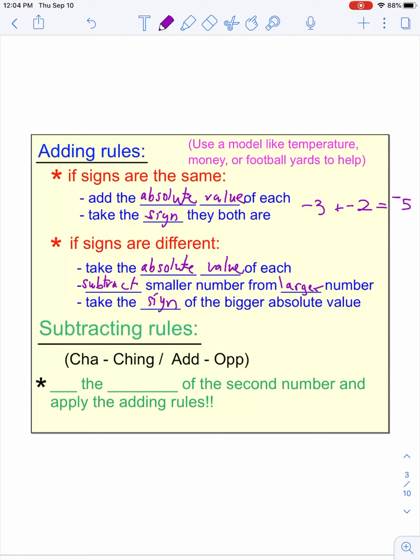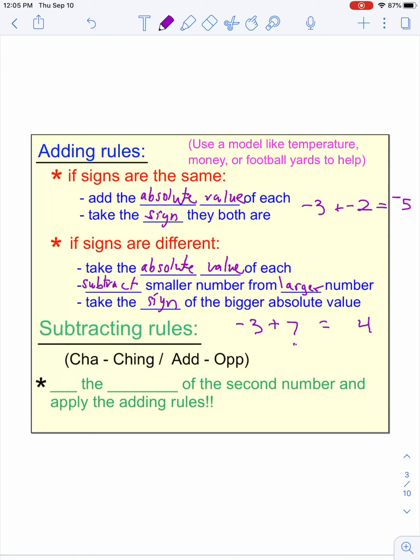So if you look at something like -3 and you're adding 7, okay, you're going to take the absolute value, which are 3 and 7, and you're going to subtract the smaller 3 from the 7, which gives you 4, and then you're going to take the sign of the number with the larger absolute value, which would be the 7, so you would get +4.